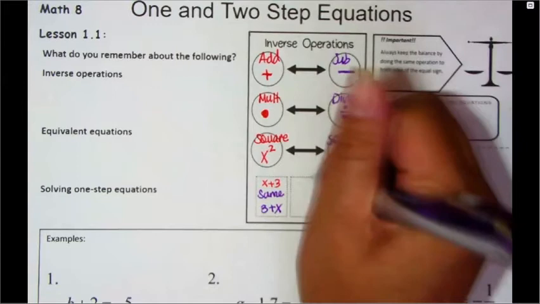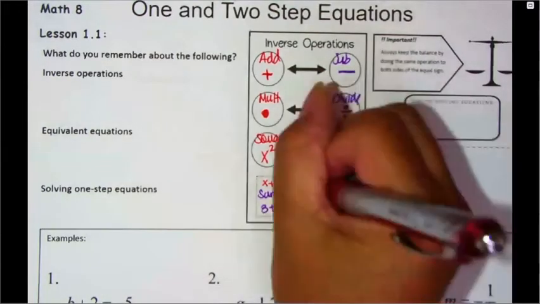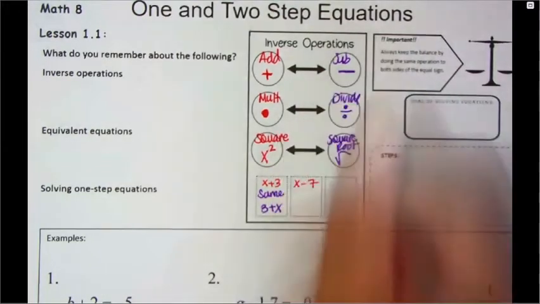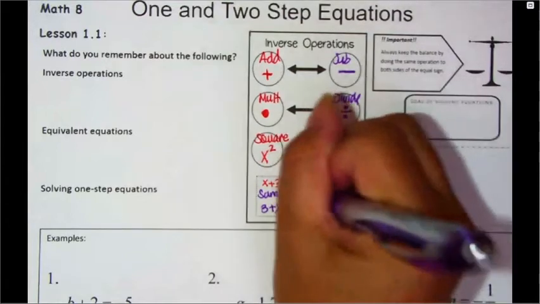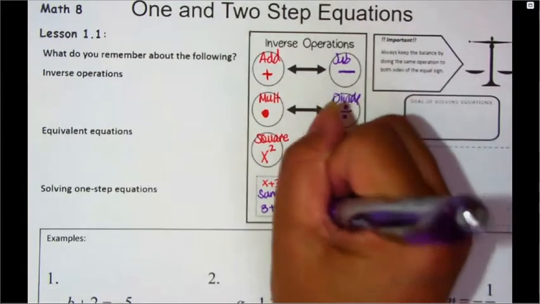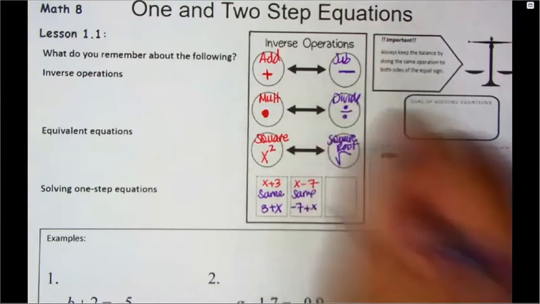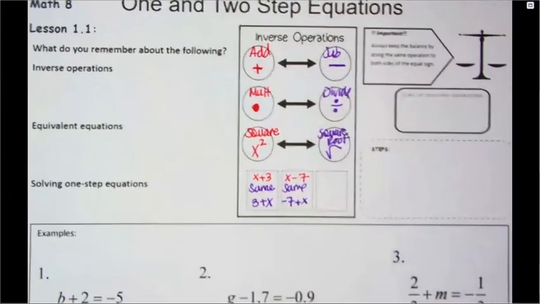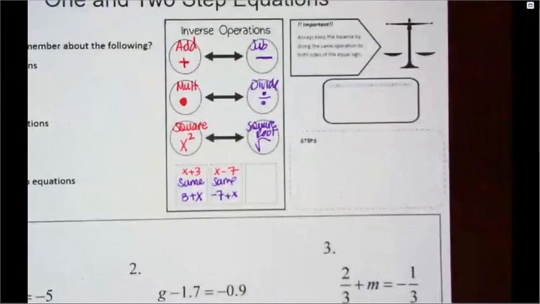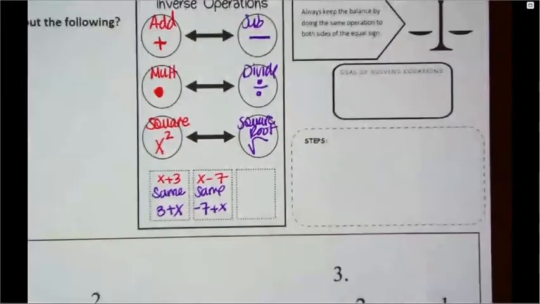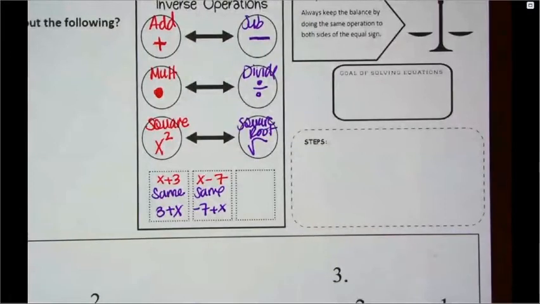And the same goes with x minus 7, which is the same as negative 7 plus x. Then it gets a little bit trickier when you're looking at different operations or expressions, but they do mean the same as well.